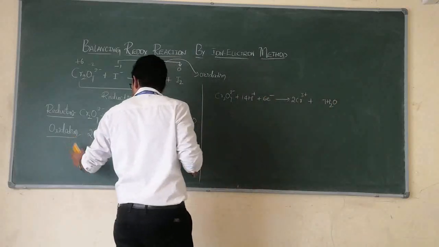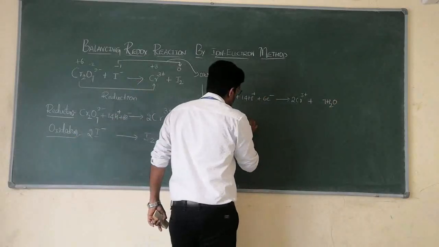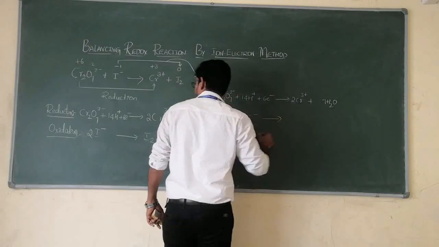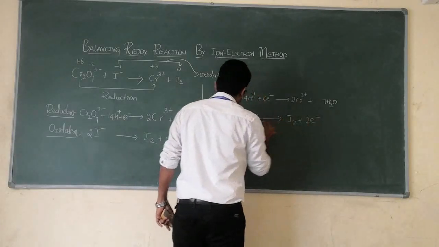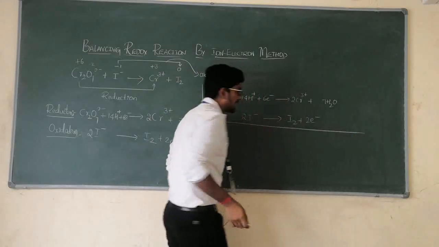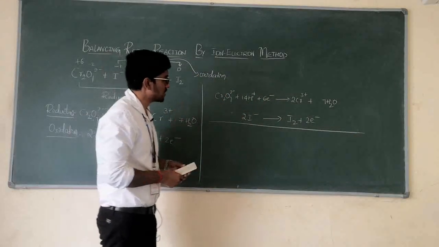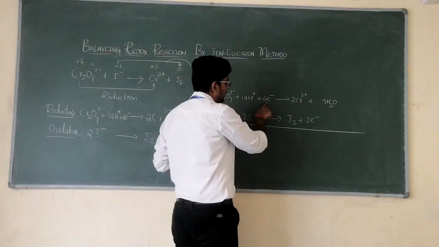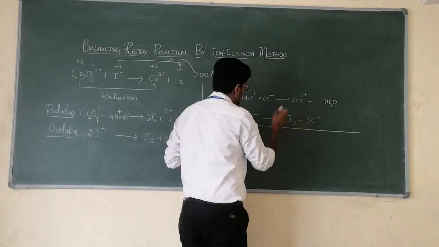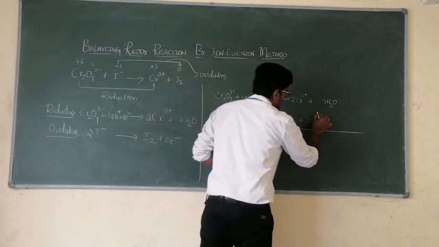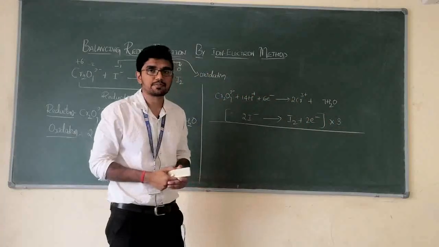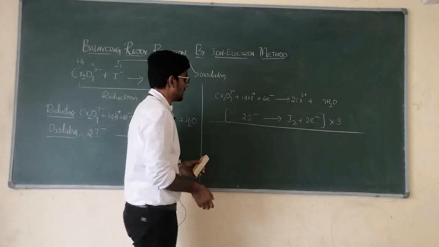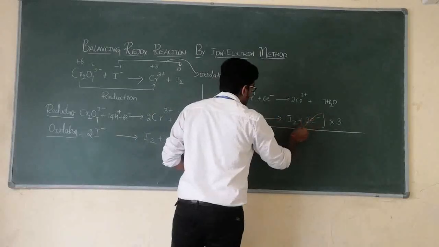The oxidation half reaction: 2I- forming I2 plus 2 electrons. Let us add the equations. We should first equalize the electrons. Here you have 6 electrons and here you have only 2 electrons. Let us multiply this equation by 3 so that we get 6 electrons. So these electrons get cancelled.